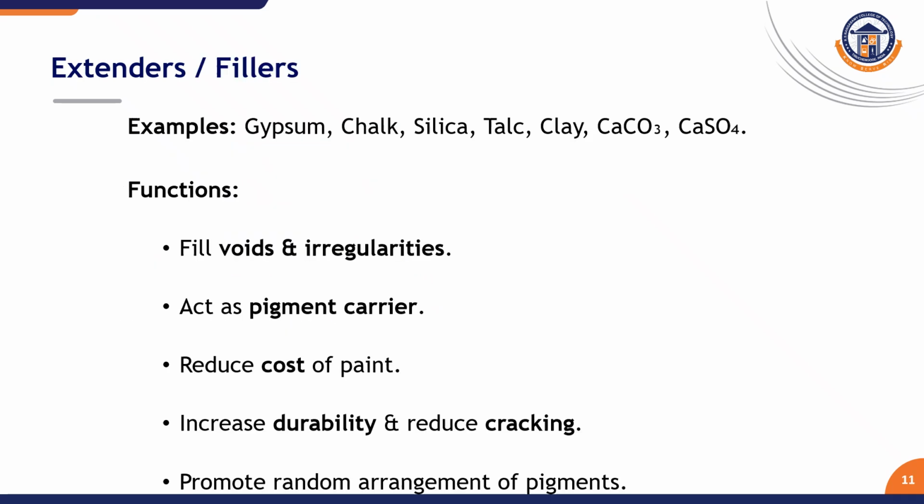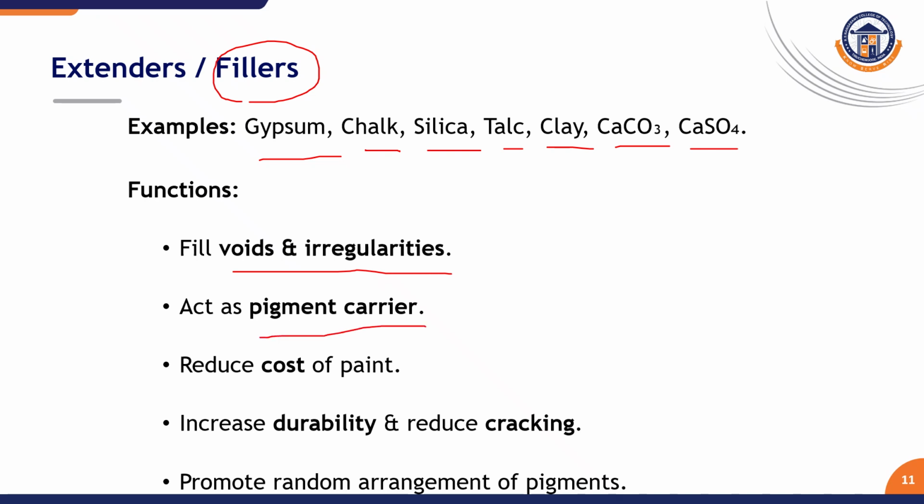Then we see about extenders or fillers. Extenders fill the voids or gaps in between the paint, the air gaps that are present, so we also call them fillers. Gypsum, chalk, silica, talc, clay, CaCO3, that is calcium carbonate, and calcium sulfate are used as fillers. They fill voids and irregularities and act as a pigment carrier.